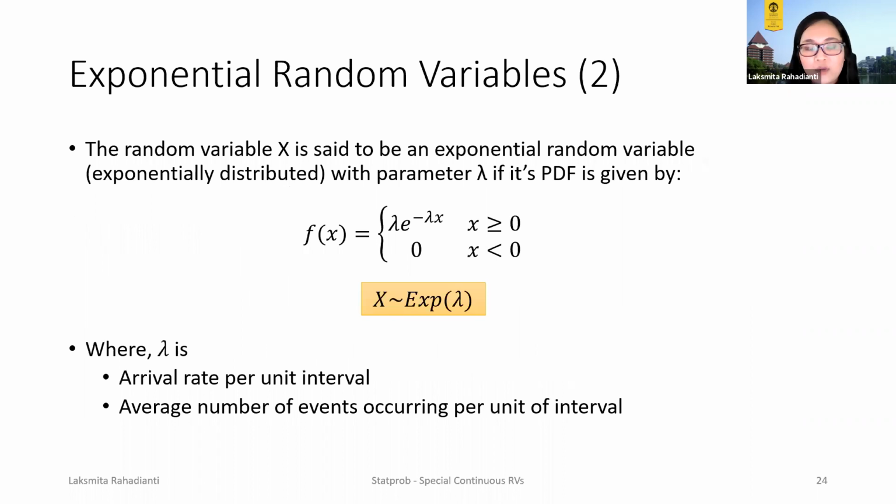So here you can see that it is the same parameter lambda that we used previously, where lambda is the arrival rate per unit interval. So how many customers per hour, how many emails per day, how many offers per month, and so forth. This rate is what we need to use to compute the exponential random variable.